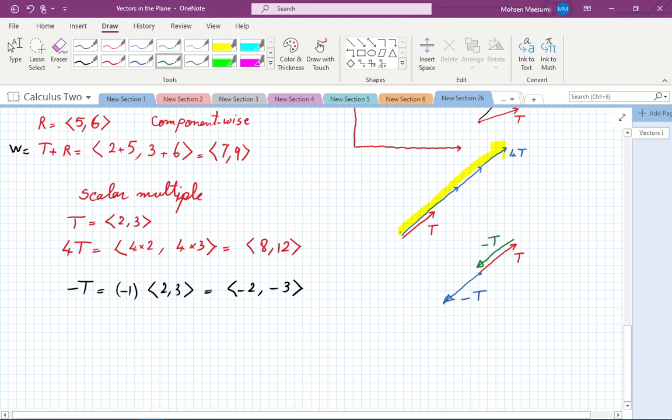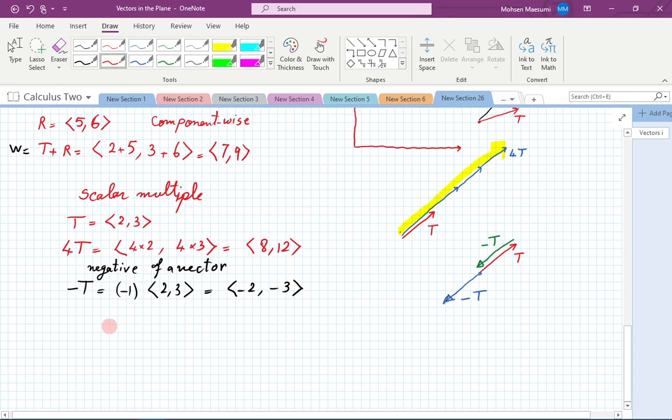You have to be comfortable with both of these things to operate quickly in other contexts. So that is scalar multiple. This is a negative of a vector. Negative of a vector, simply you are flipping its direction, but otherwise it stays the same.